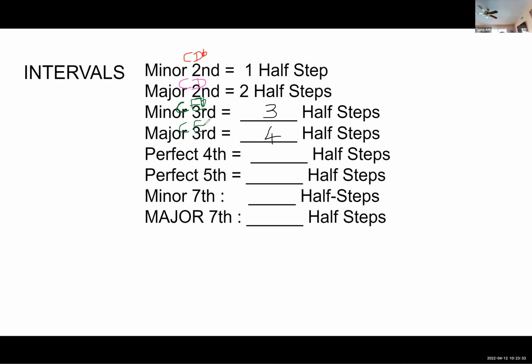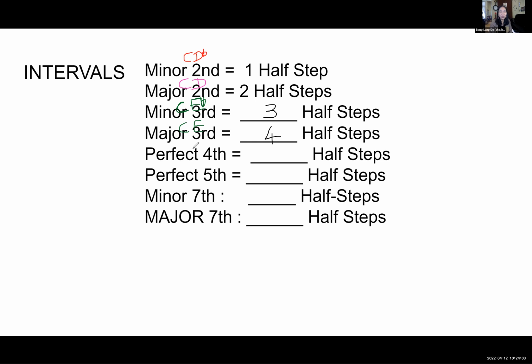So there's C and E flat, and C and E. They're different, right? They feel different. That's right. And that's basically determining your chord, major or minor. Basically, it's a very important interval, minor third, major third.